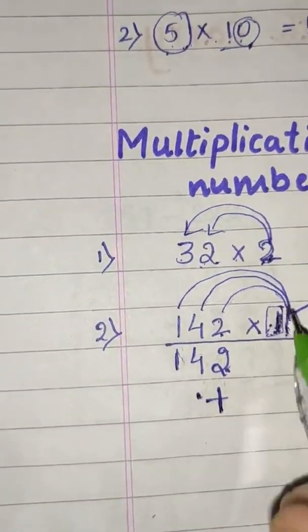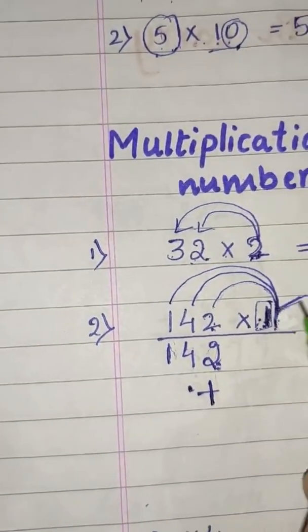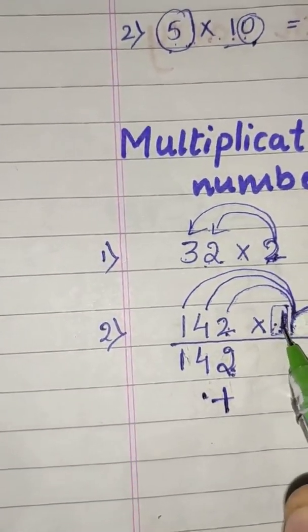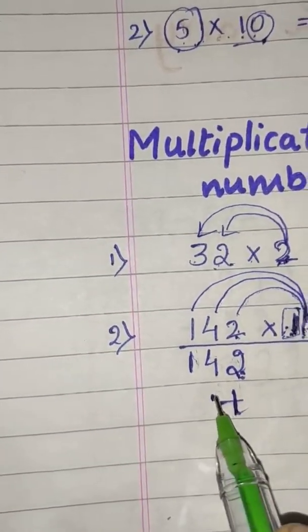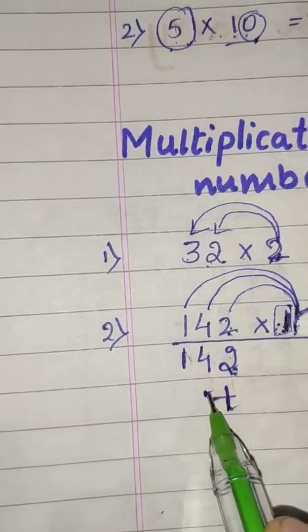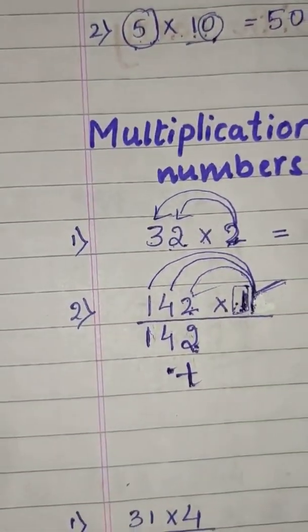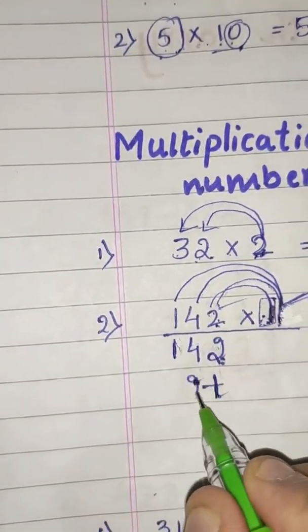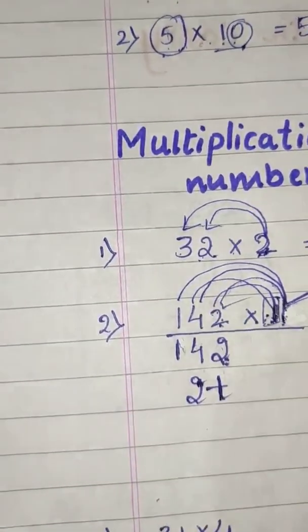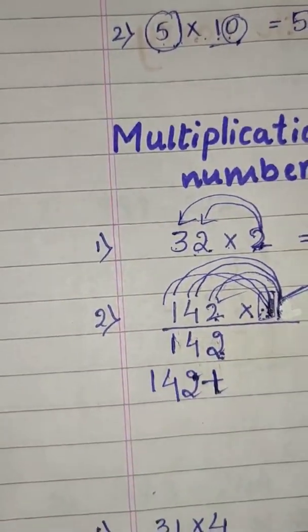Okay, understood? Here you can see we have started writing the number from the unit place, because this is in the unit place, but this one is in the 10 place. So first we have to write the plus here, then we have to start writing the numbers from this 10 place. But while multiplying, we have to start from the unit place only. So see here, 1 2s are 2, 1 4s are 4, 1 1s are 1.